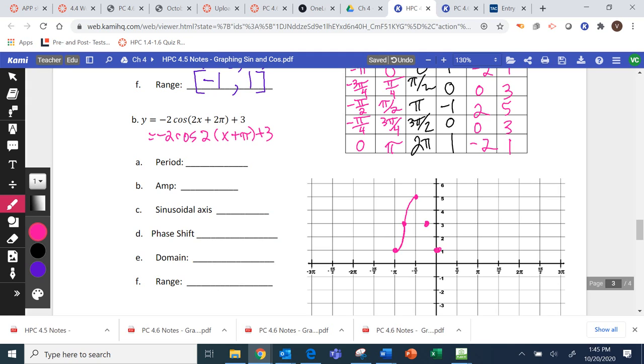So since this is a cosine graph, oh, that was so ugly. This is a cosine graph. It's going to have that one valley as its original points, but it's reflected, so the valley's actually a mountain. And then I'm going to finish it by continuing that pattern.